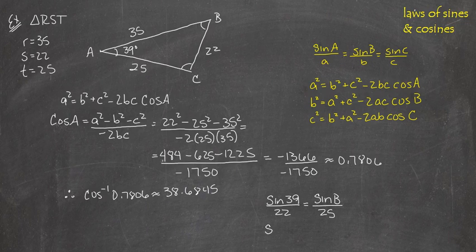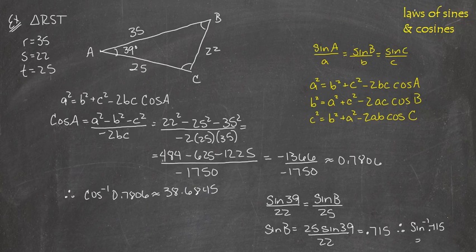Which means that the sine of B is 25 times the sine of 39 over 22, which equals 0.715. And then, if I take the inverse sine of 0.715, it tells me that the angle is 45.6544.